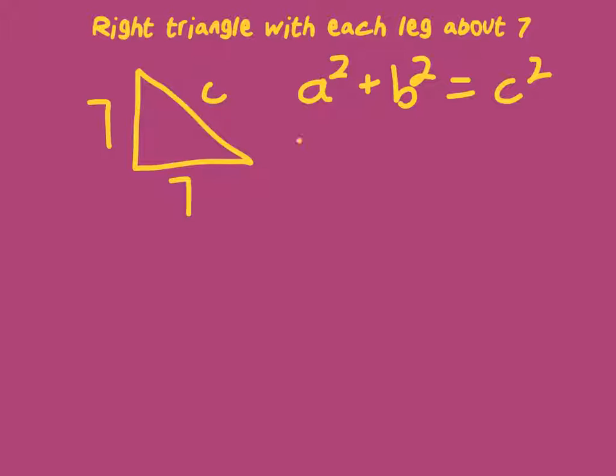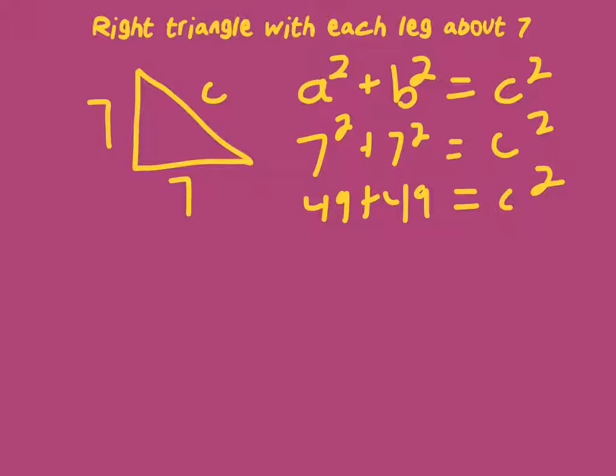Now let's change it up: 7 squared plus 7 squared equals c squared. Then we get 49 plus 49 equals c squared, so 98 equals c squared.